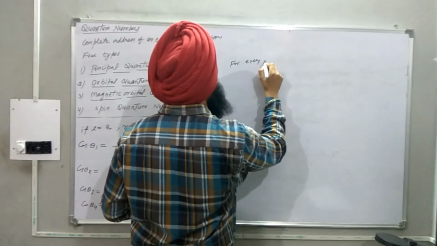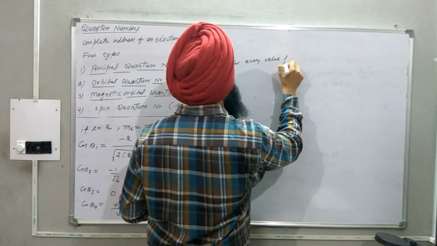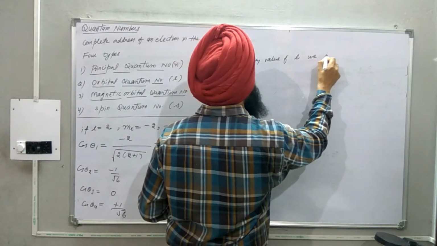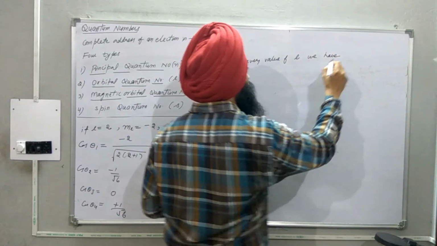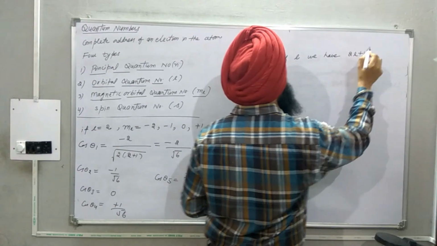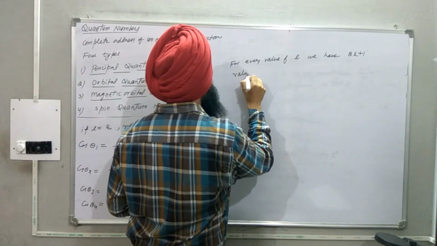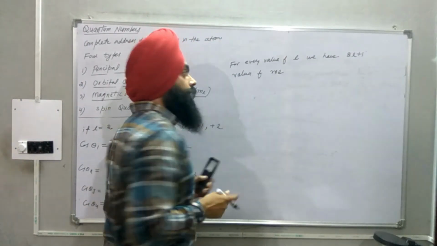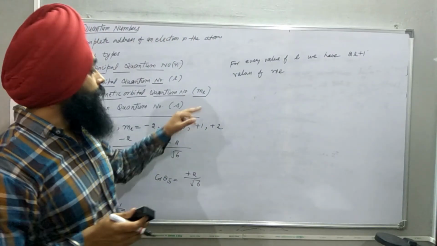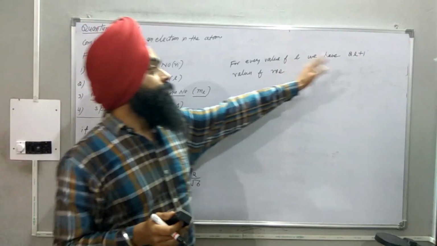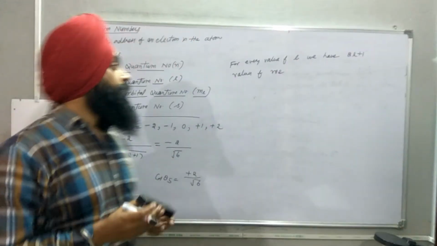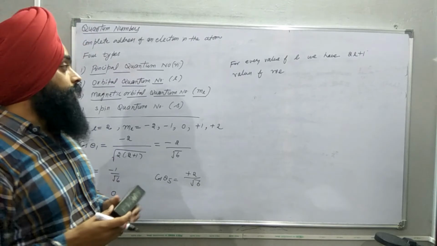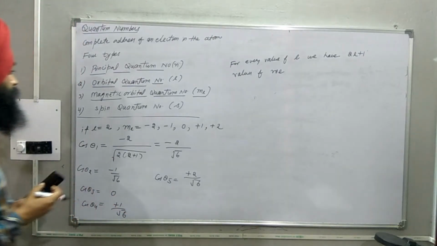Or we can say that for every value of L we have 2L plus 1 orientations in space for that particular electron.